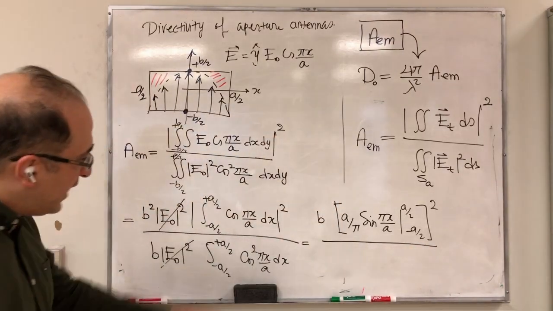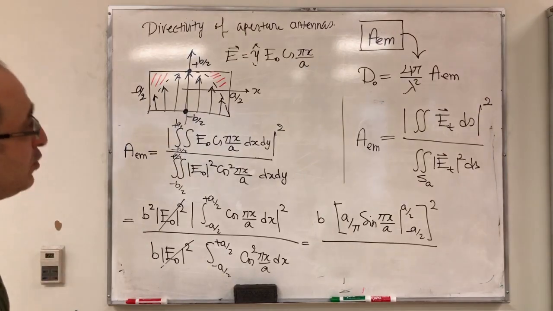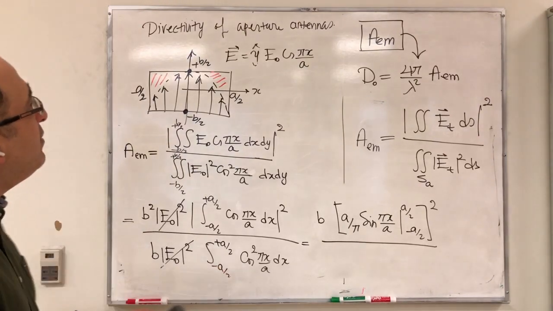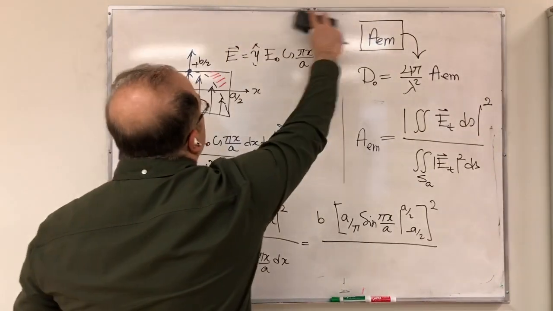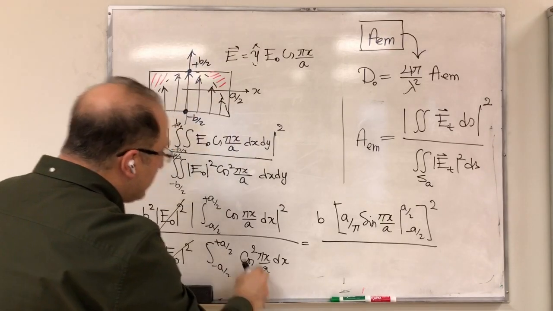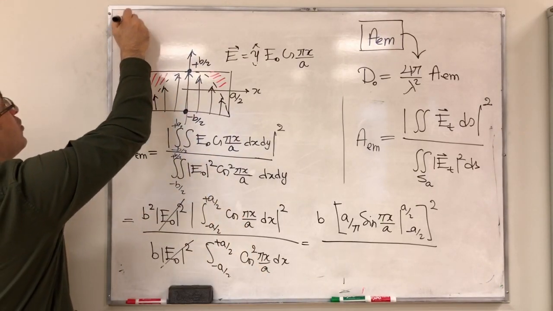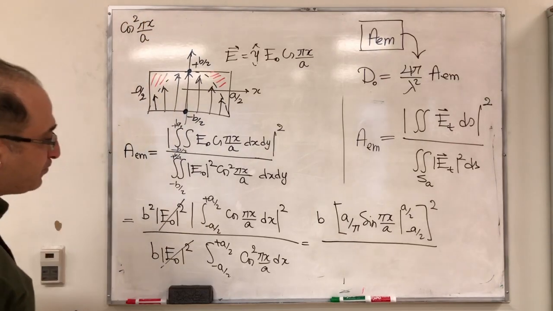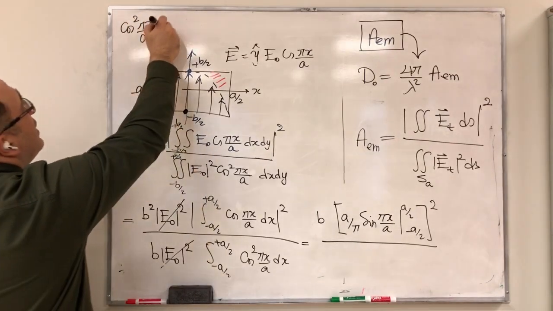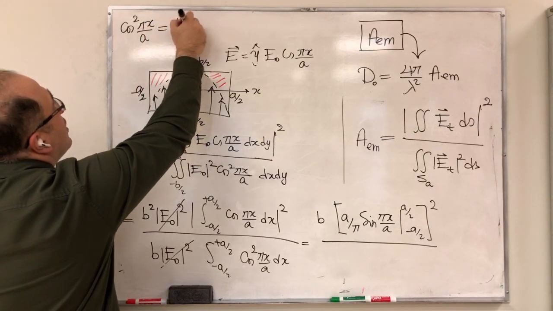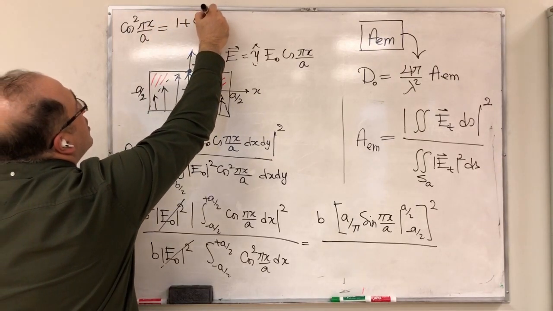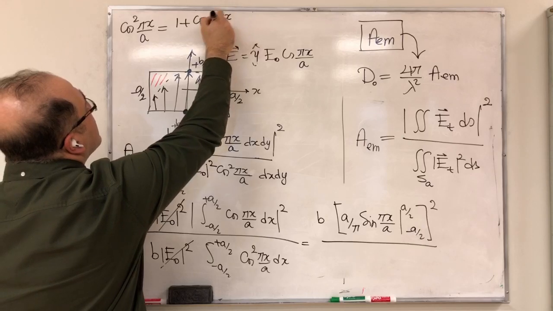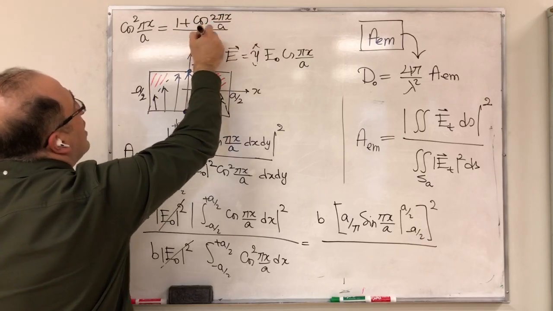Divided by, now cos squared. To do the integration here, maybe I can do the following. Let me write it here. So cos squared of pi x divided by a is going to be equal to 1 plus cos of 2 pi x divided by a, all divided by 2.